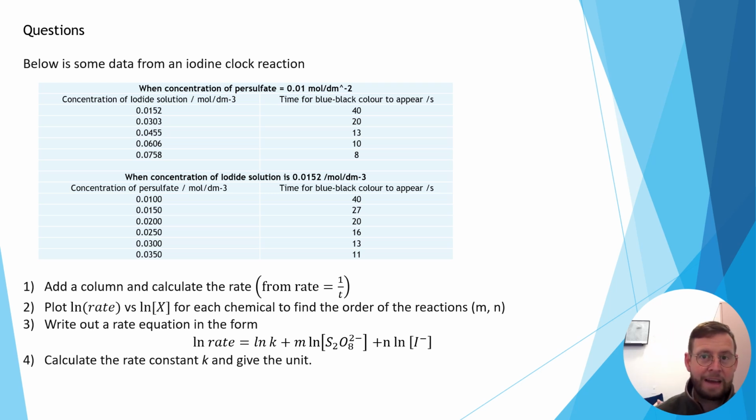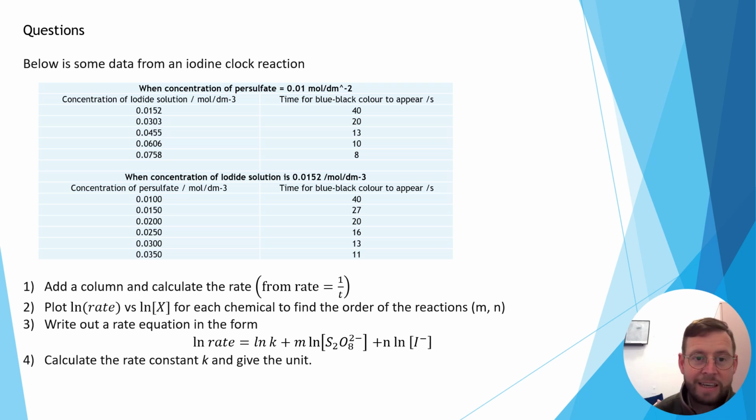Right, okay, everyone that stayed behind, let's talk about how we do this. So what have we got? Well, we've got 2 sets of data here, and basically in the first set of data, we've kept the concentration of the persulfate the same, and we've changed the concentration of the iodide. And we're looking to see how long it takes for this solution to change colour.